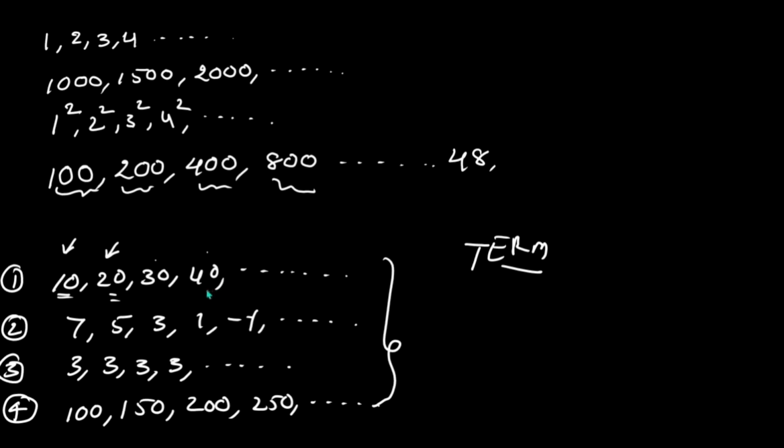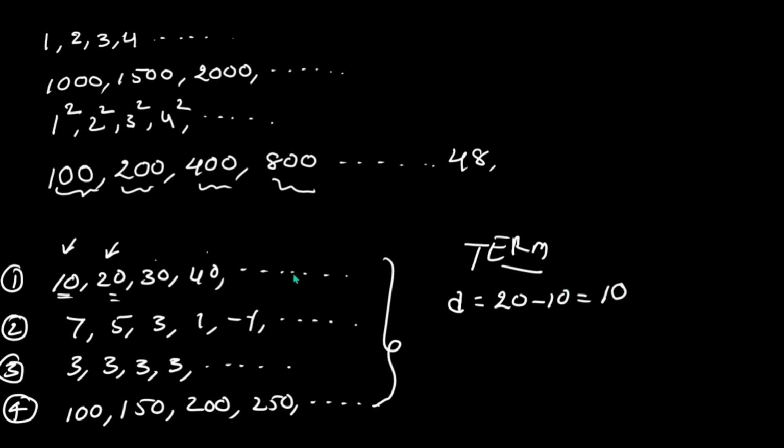Let's see the difference between two terms. For example, term 2 minus term 1. I'm calling the difference and denoting it by D. So 20 minus 10 is 10.